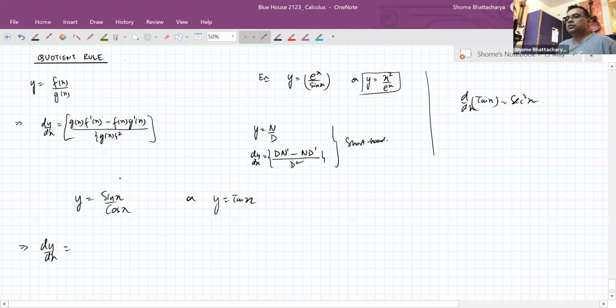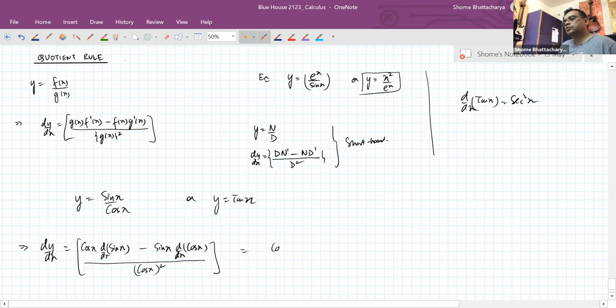Okay, so if you use this quotient in the formula above, you can see it is cos x into differentiation of sin x minus sin x into differentiation of cos x divided by cos x whole square.